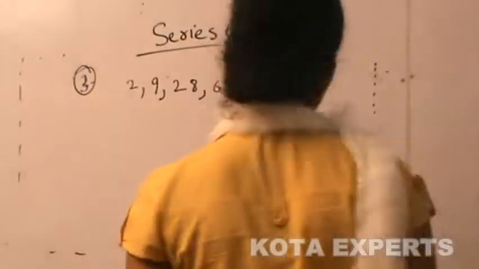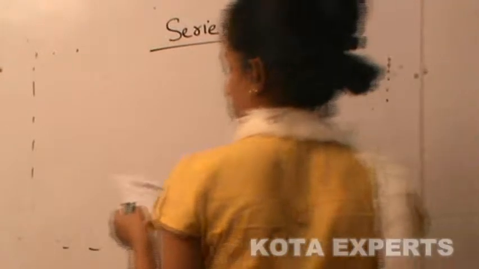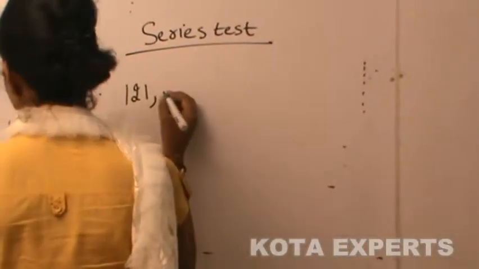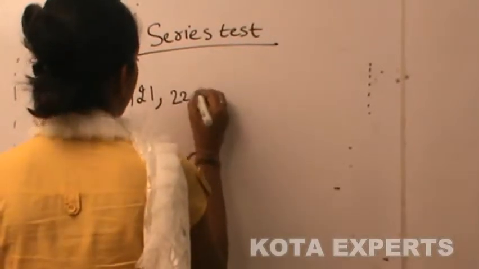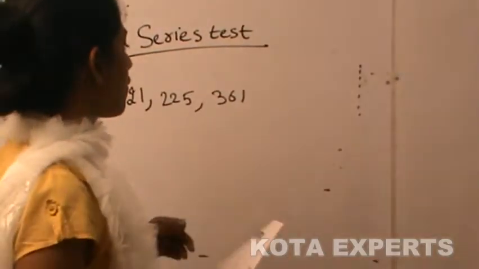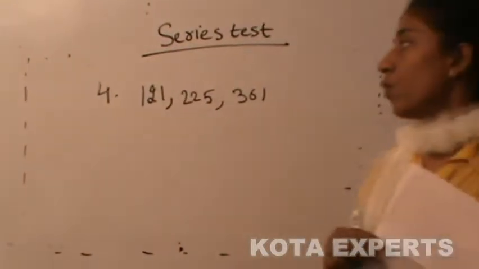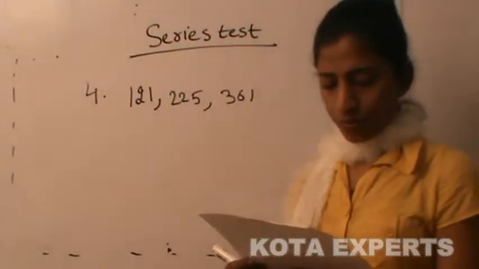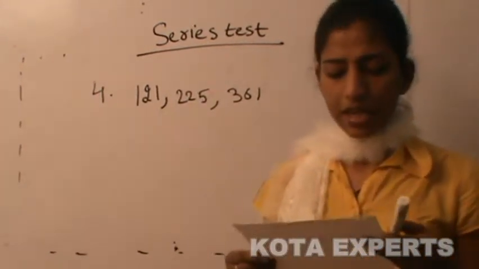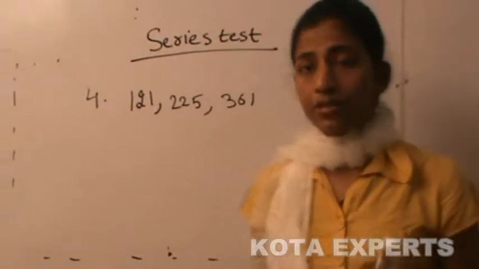I will tell you the fourth question. The question is 121, 225, then 361. Read the statement: in each of the following questions, a number series is given in which one term is missing.